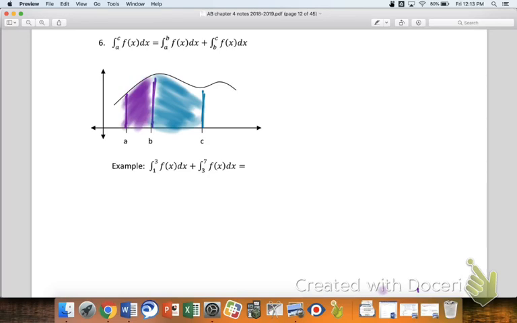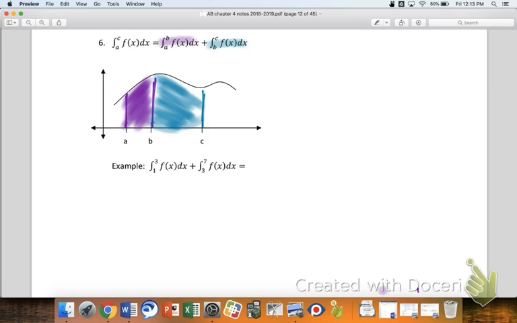It's saying that, I guess, this would be the blue area, and this would be the purple area. And if you want the full area, you just add the purple part to the blue part. In other words, you can split the integral up. You can put it back together. So in our example, really basic example down below, notice I've got the integral from 1 to 3 of f of x, and I'm adding to that the integral from 3 to 7.